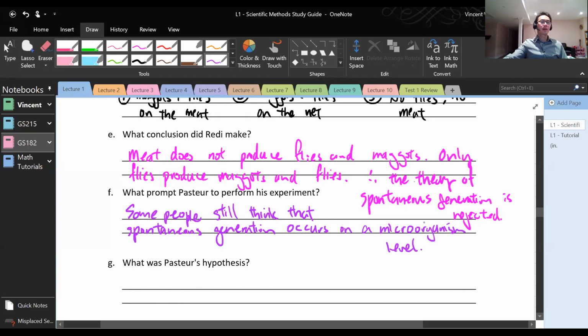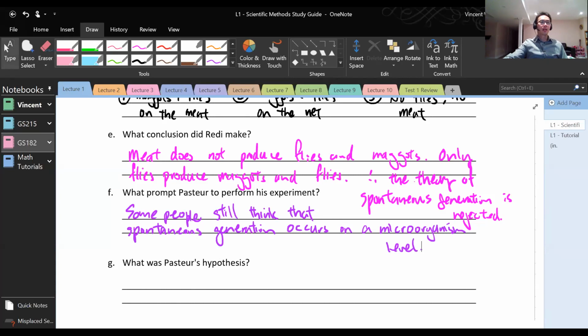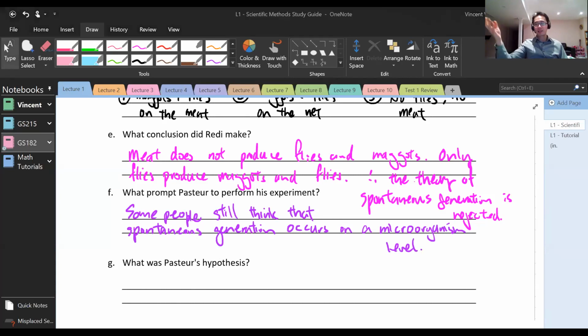Okay, so they're like, okay, sure. The flies and the maggots, they're like big, so maybe it's not true for them. But on a microbial level, spontaneous generation could still be true. Okay.